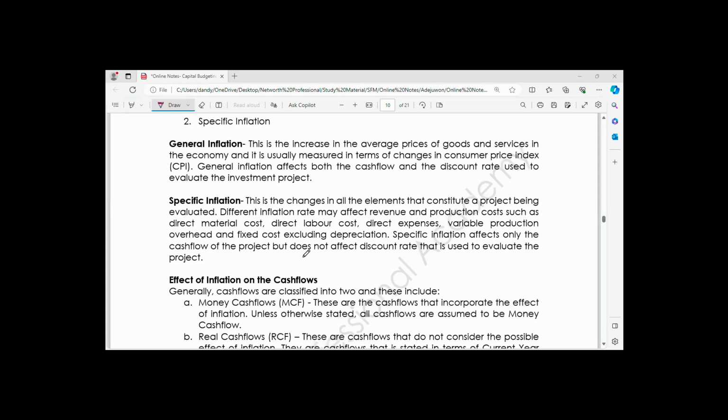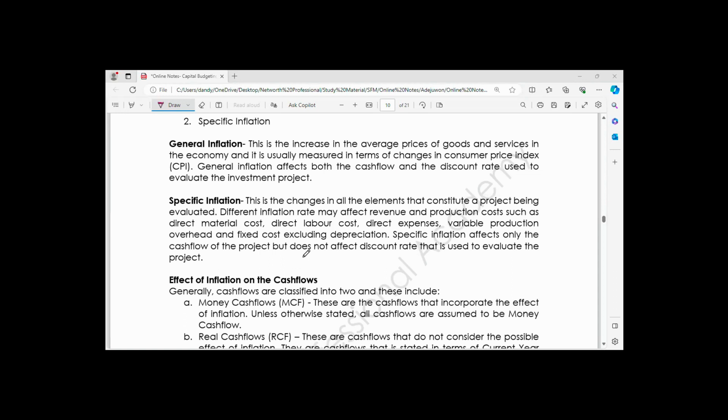And that is why I said that real cash flows are cash flows that are stated in today's prices, year zero prices, current value terms, year one prices. Once you see cash flow stated in those ways, it means that they are real cash flow.